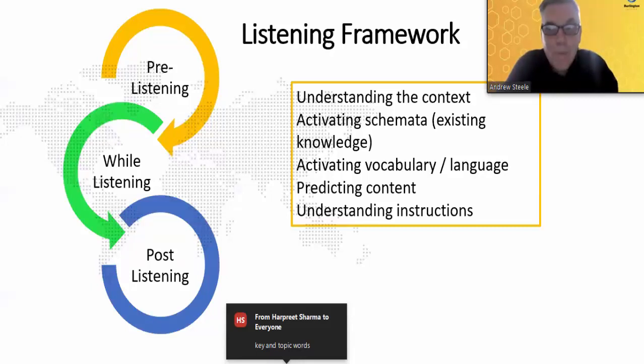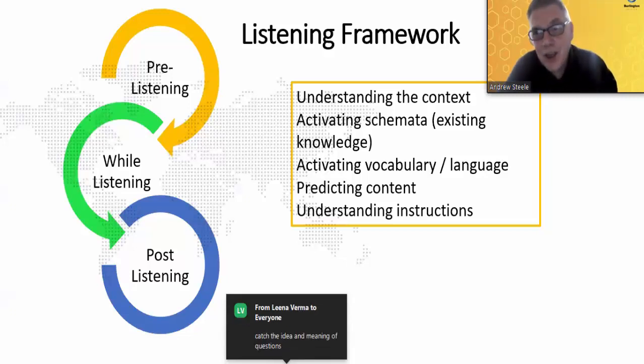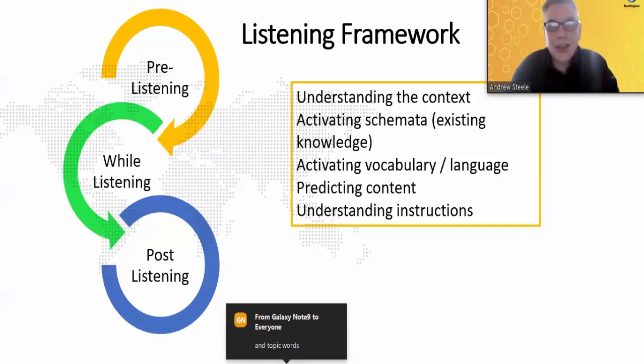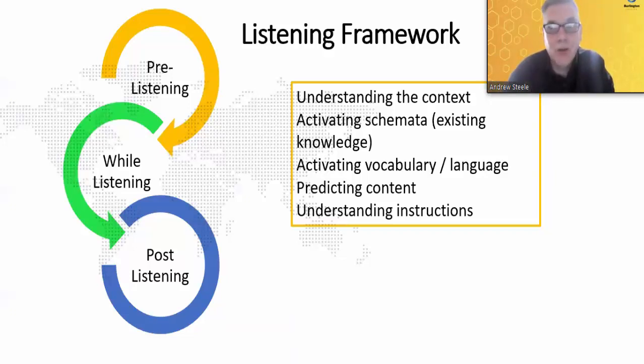If, for example, the listening is about two students in a university library, what do they know about libraries? What do they know about universities? What do they know about students? Just getting them to think about those things, those vocabulary items, that language that they already know, getting that to the front of their active memory.